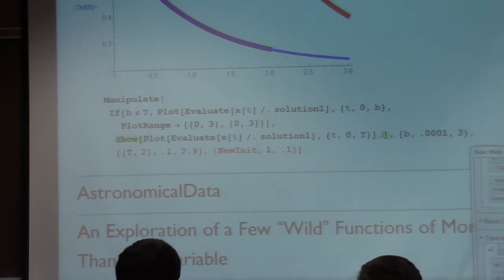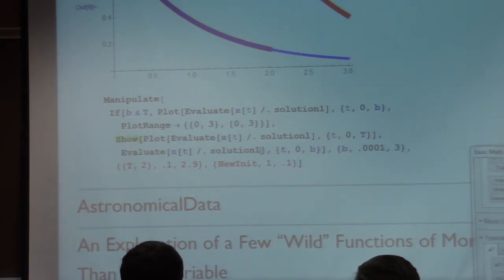I want to combine that with another graph, the other piece that comes from solution 2. From capital T up to little b. So essentially, I think I can copy and paste it again, change the solution 1 to a solution 2, and also remember solution 2 depends on capital T and new init.